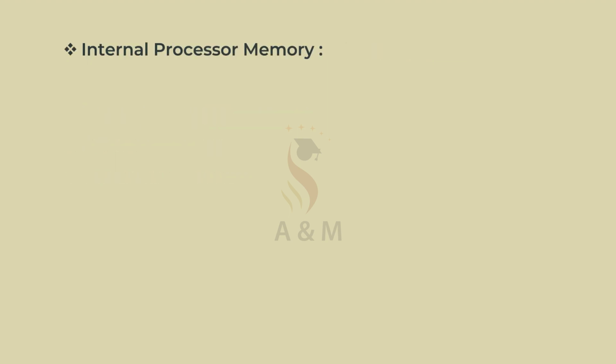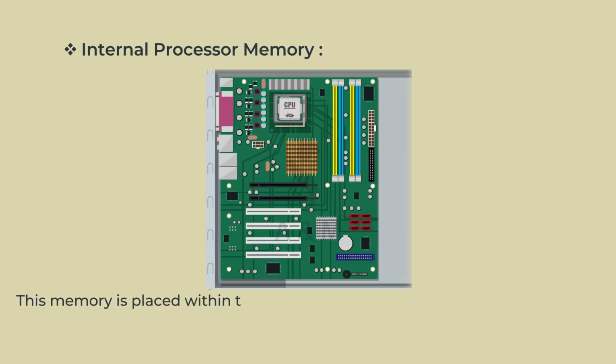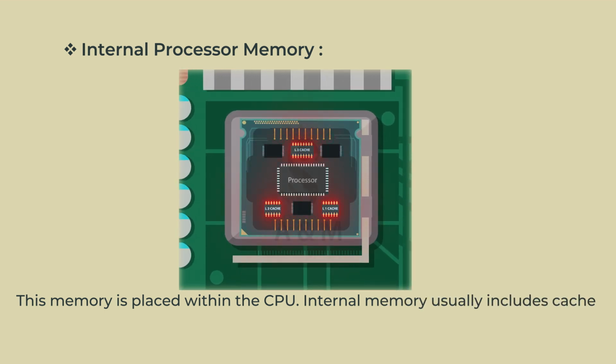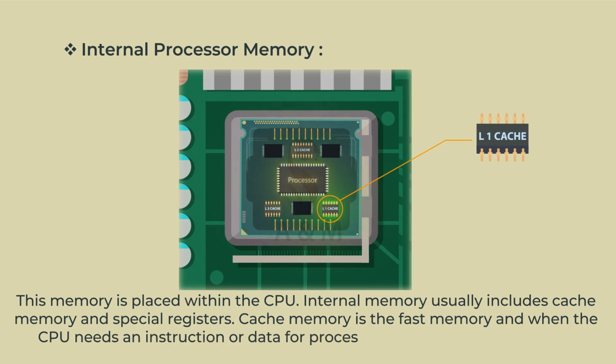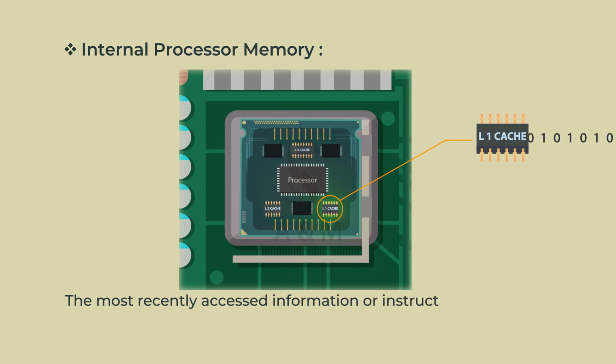Internal processor memory. This memory is placed within the CPU. Internal memory usually includes cache memory and special registers. Cache memory is a fast memory, and when the CPU needs instructions or data for processing, it first looks in the cache. The most recently accessed information or instructions are stored in cache memory.